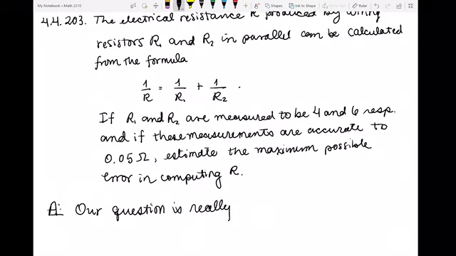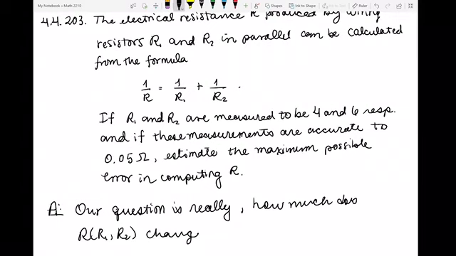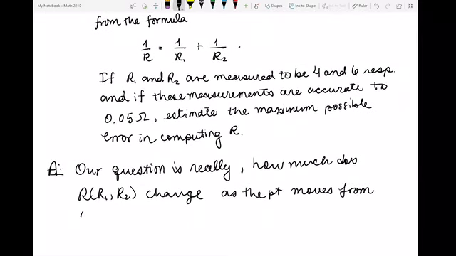Is really something like this. How much does R of R1, R2 change, this function, as the point right here moves from R1, R2 equal 4 and 6?